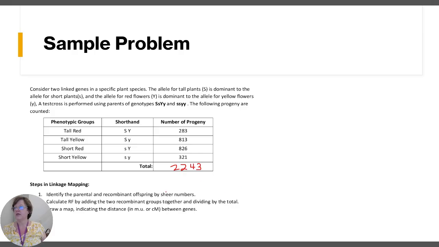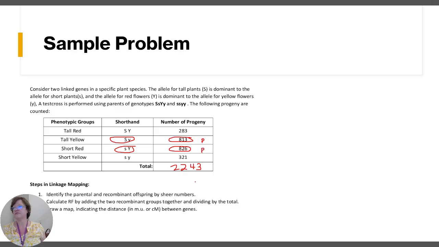All right. And so you're going to then identify which of the groups represent what we call a parental combination of alleles and which are recombinant. There's a simple rule. The parental allele combination is going to be the biggest numbers. So these are the parental allele combinations. So these are parental, these are parental.